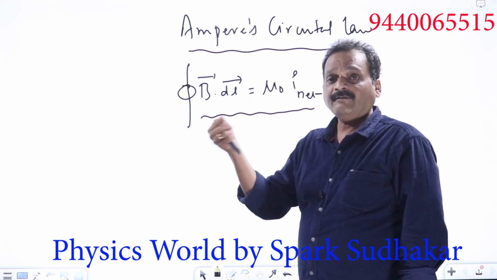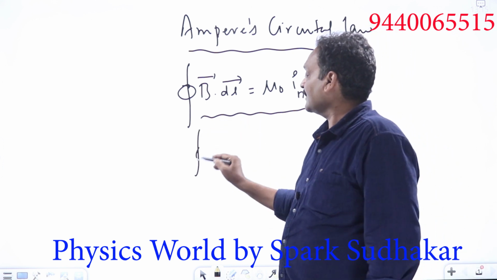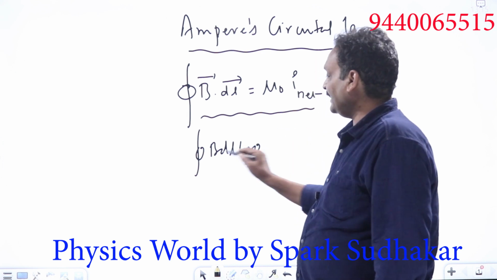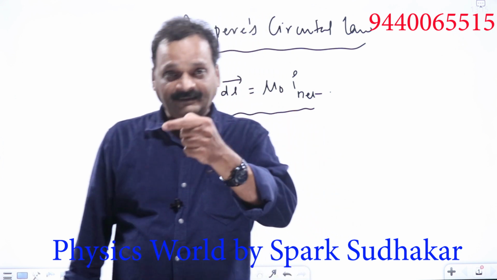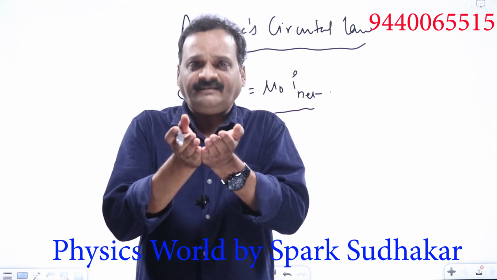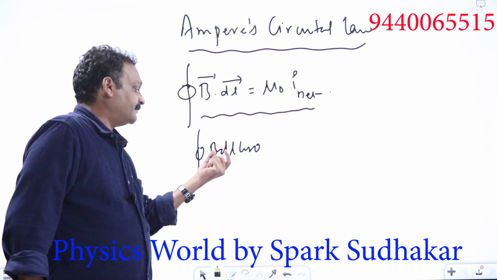What is the meaning of evaluation of this integral? Right now this is nothing but circular integral B dl cos theta. What is theta? Angle between B and dl. If the angle between B and dl, that is theta, is well known, or is uniform, or varying in a systematic manner, constant, then cos theta is known, right?